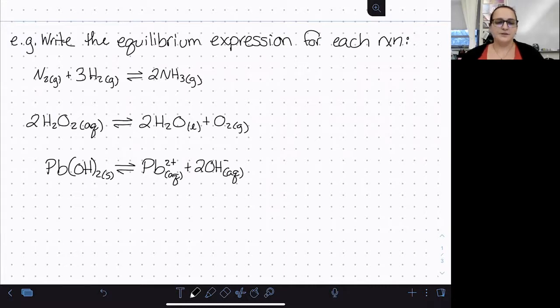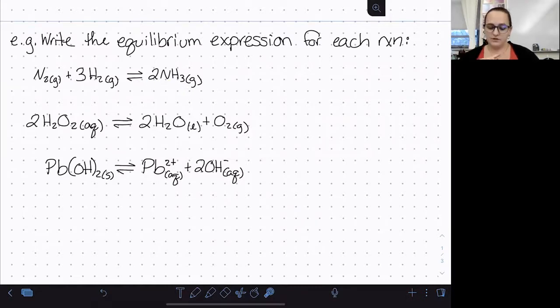So in the first reaction, all of our reactants and products are gases, which means that everything is going to be included in our equilibrium expression. We don't need to ignore anything since there are no liquids and solids. So we want to remember that we are doing products over reactants. If we start on the product side, we have NH3 and it has a coefficient of 2.